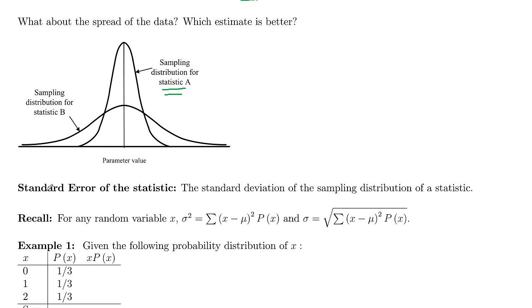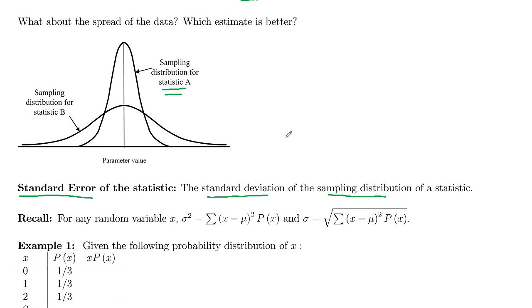Less variation is always better. The measure for variation for a sampling distribution, we call that standard error. It is a standard deviation. So the standard error of the statistic is just the standard deviation, but of the sampling distribution for that statistic.